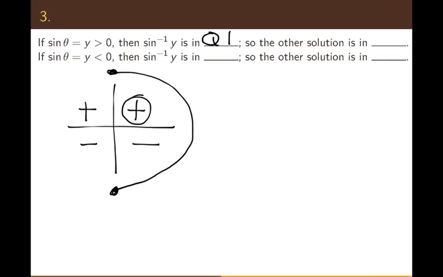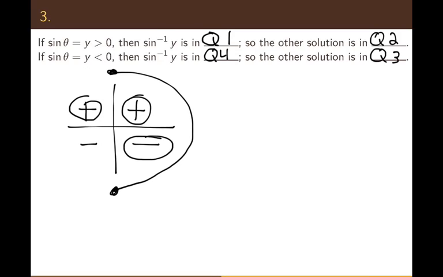So by deduction, my second solution has to be in quadrant 2. Similarly, if it's negative, the sine inverse one has to be the negative one in the range of sine inverse. So that's going to be quadrant 4, and the other one is going to be in quadrant 3.